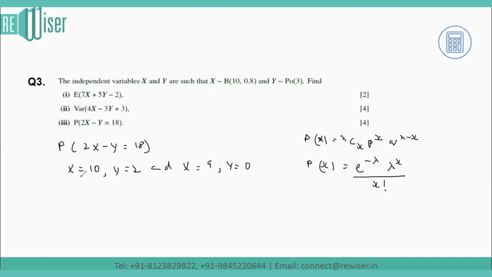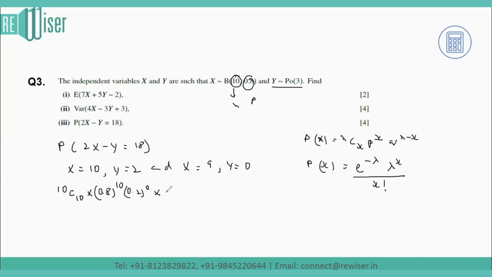Now, to find the probability of x equals 10 and y equals 2, using the binomial distribution where n is 10 and the probability is 0.8, p of 10 becomes 10C10 into 0.8 to the power 10 and 0.2 to the power 0, into, because y equals 2, we use the Poisson formula.